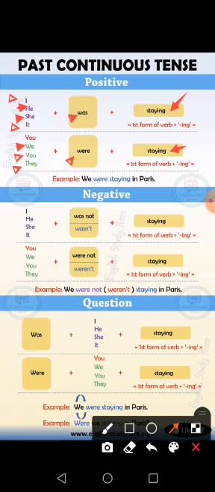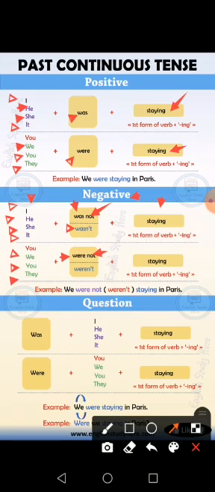Okay, student? To make it negative, we just add not, like was not or were not. So, I was not staying. For he, she, it, and I, we use was not. For you, we, they, and plural nouns, we use were not to make the sentence negative.